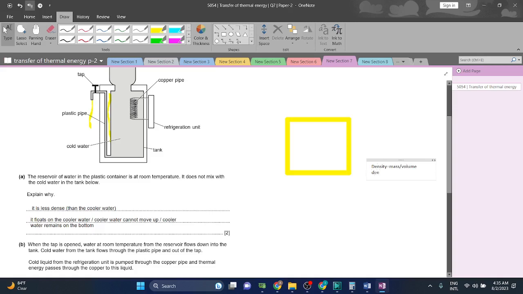Density is dependent on mass and volume, and as we know mass is not changing in this process. The only thing which is changing is volume, but when volume decreases the density will increase. When the water contracts the volume will reduce, so the density will increase. That is a very simple concept.